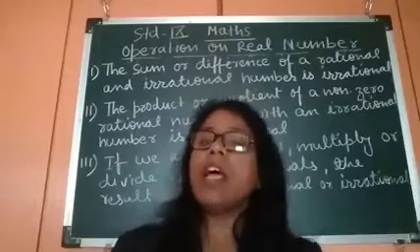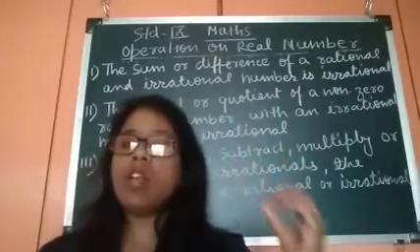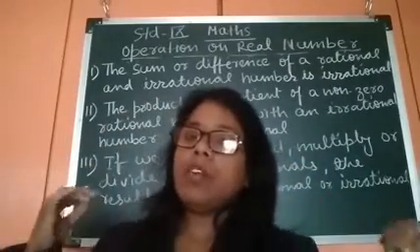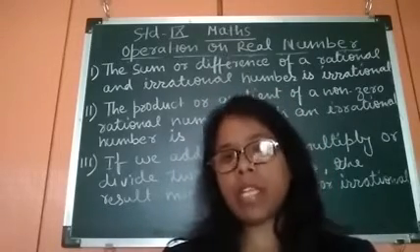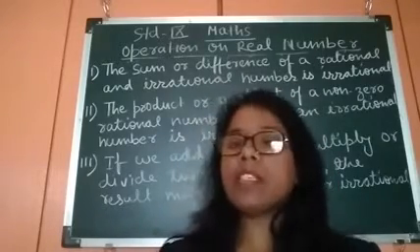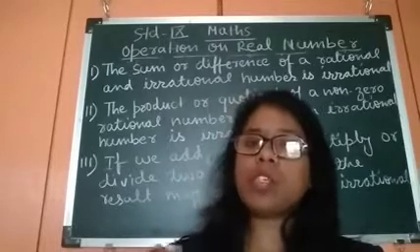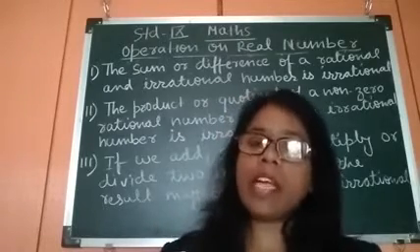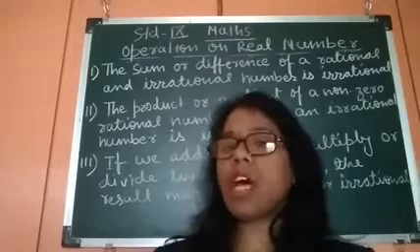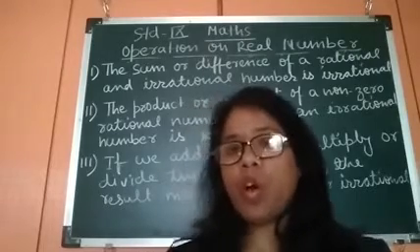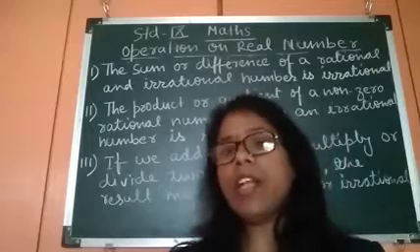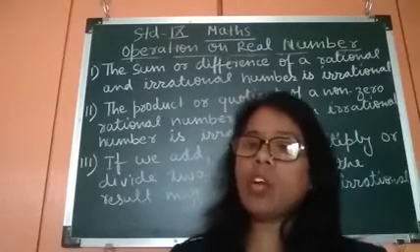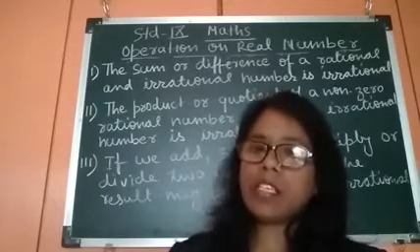That means rational numbers are always closed with respect to the 4 operations: addition, subtraction, multiplication and division. Irrational numbers are sometimes closed, sometimes not. So we can say that irrational numbers are not closed with the 4 operations, because they are not always giving irrational numbers.